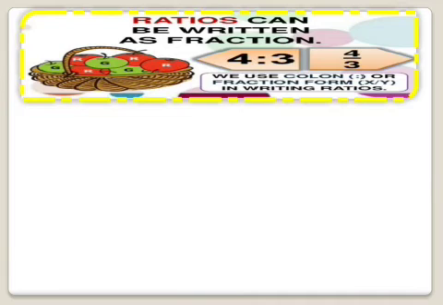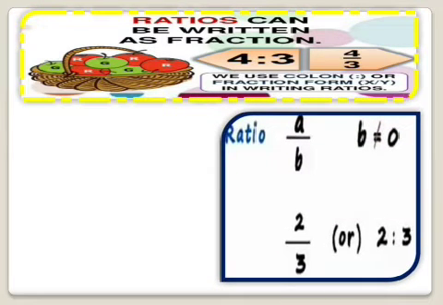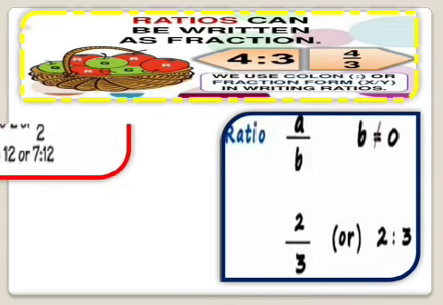Ratios can be written as fractions, or we can use colons to represent ratios. A upon B, where A and B are integers and B is not equal to 0.